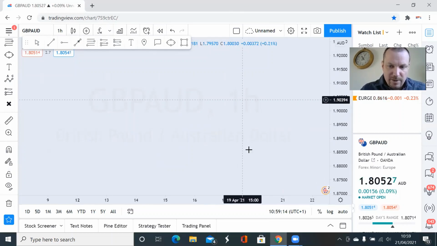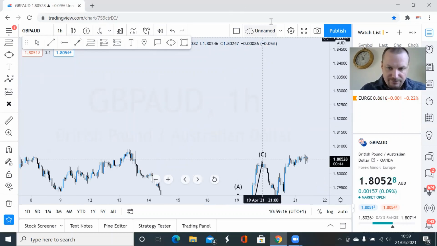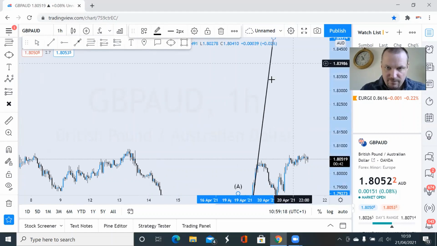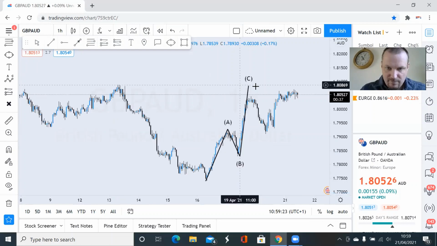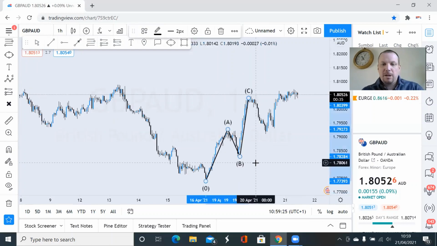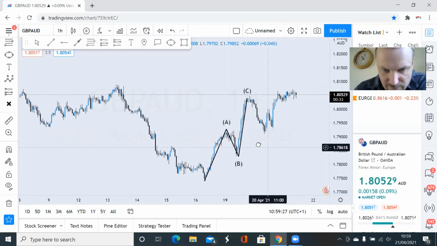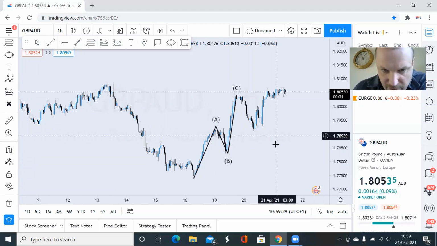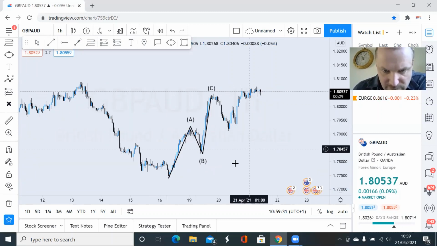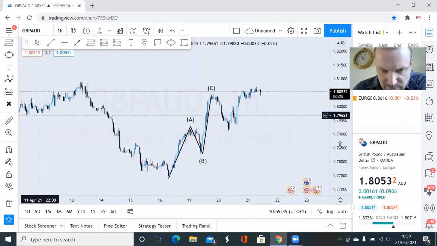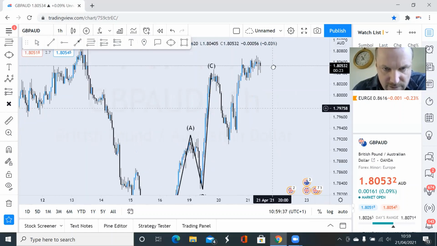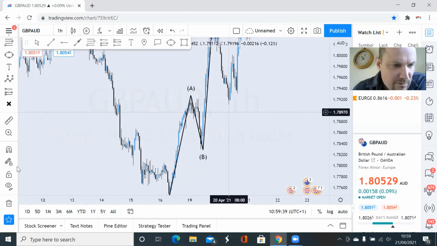As you've got the A, B, C, we can implement the fire block. Let's take a look. Let's just get rid of this.